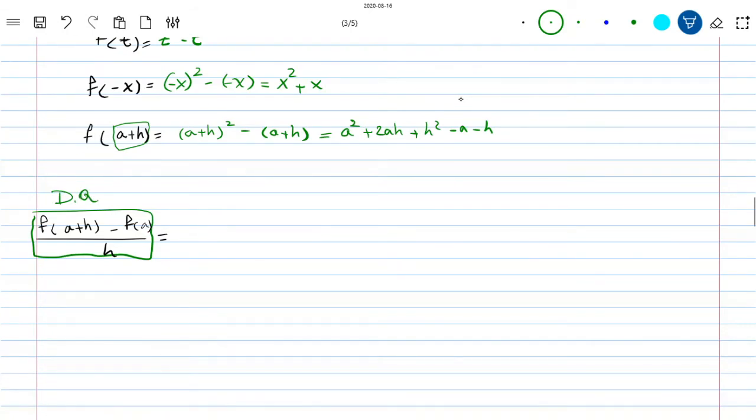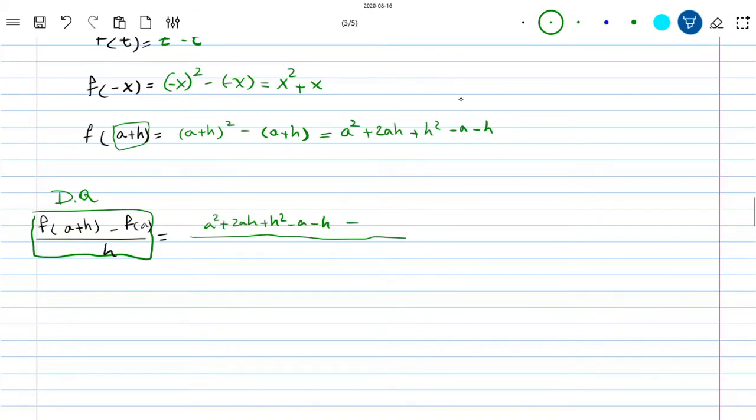We will come back and use this when we discuss limits, but it's very important that you can calculate it. If they ask you to calculate this fraction, f of a plus h, we already figured out what f of a plus h is. It was a squared plus 2ah plus h squared minus a minus h.